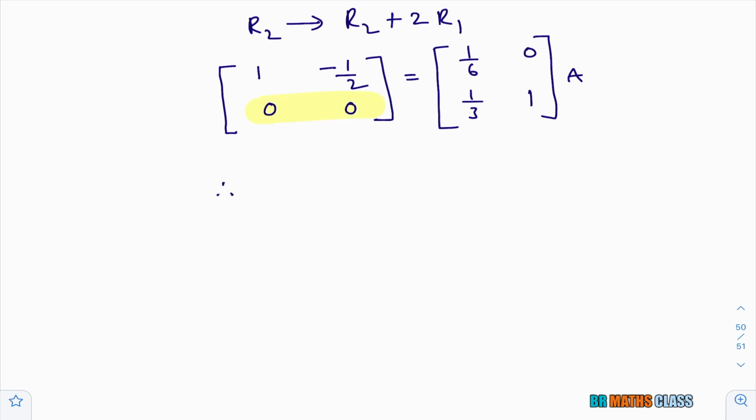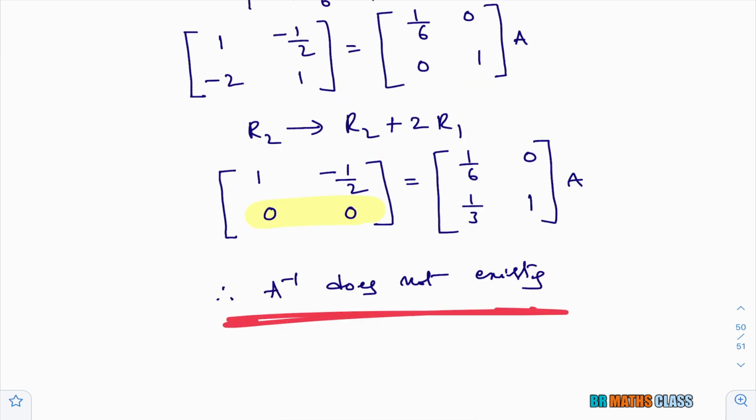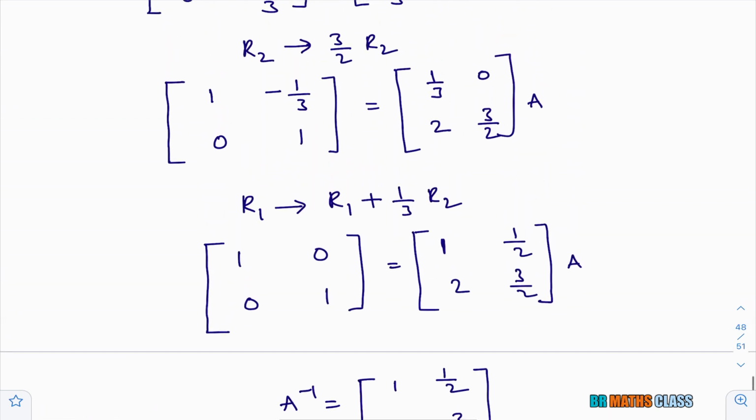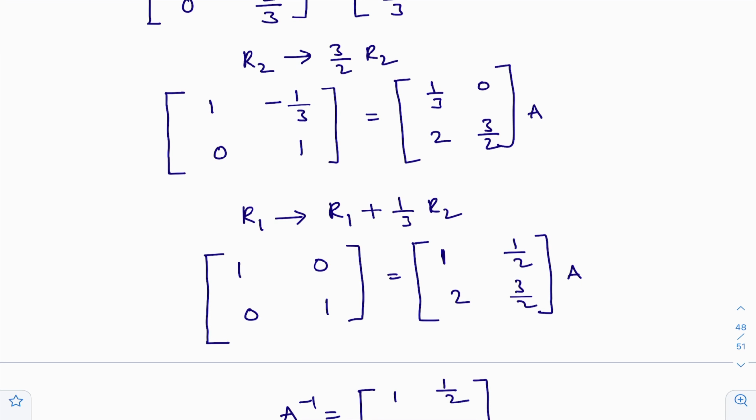Whenever you get something like this, all the elements of the second row in the left hand side are 0. Therefore, we say A inverse does not exist, right? So in this way, we say that the inverse of a matrix does not exist. So you learned how to calculate the inverse of a 2 by 2 matrix by using elementary transformations.